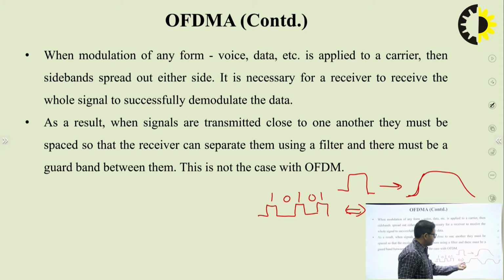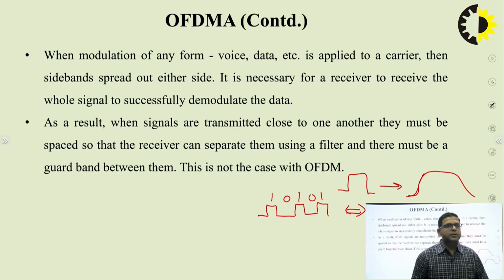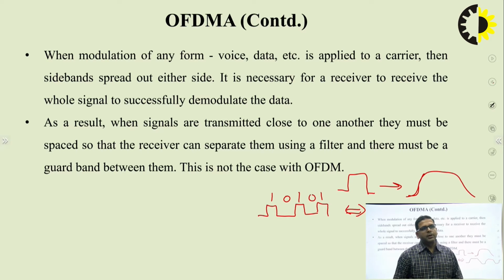Each waveform will spread out. Due to this spreading, the pulses will interfere with each other and we will get inter-symbol interference. Due to this inter-symbol interference, we will not be able to detect the transmitted sequence correctly. This is a big issue in communication.